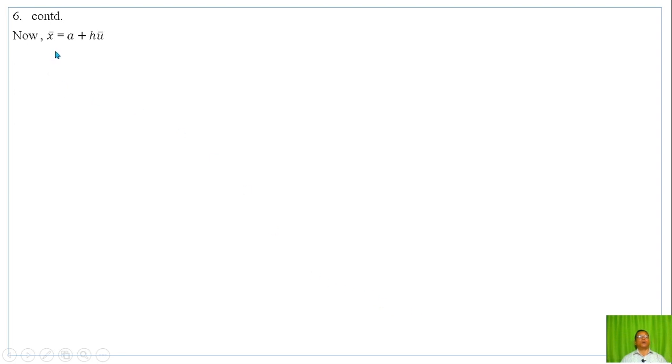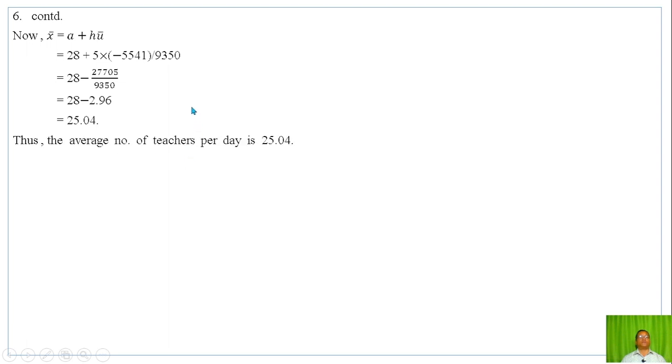Now x bar equals a plus u bar times h, the formula, assuming a equals 20 and scale 5. The new u bar gives the new mean. Summation fi ui by N, where N is 9350. Then dividing and simplifying, we get 25.04.